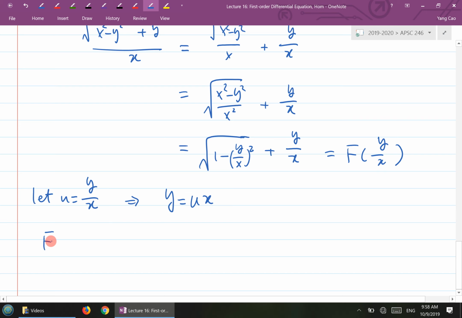So once you get this, this function capital F of y over x, the y over x can be replaced with u, right? If I replace it with u, then this function becomes root of 1 minus u squared plus u here.